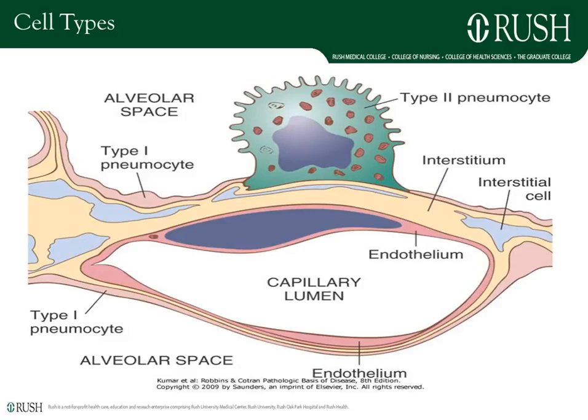So remember, the type 1 pneumocytes are flattened, the type 2 pneumocytes are rounded, and those two make up the interface between the air and the wall of the alveoli. And then you have the capillaries within the wall of the alveoli, and the gas exchange has to take place across that barrier.